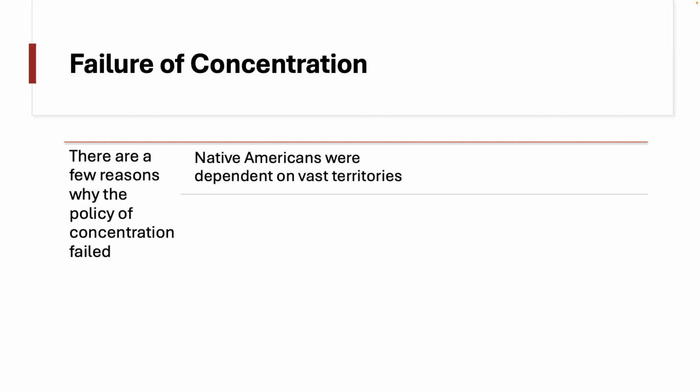So, ultimately, there are multiple reasons why the policy of concentration fails. The first is the fact that Native Americans were dependent on vast territories. They were nomadic tribes.